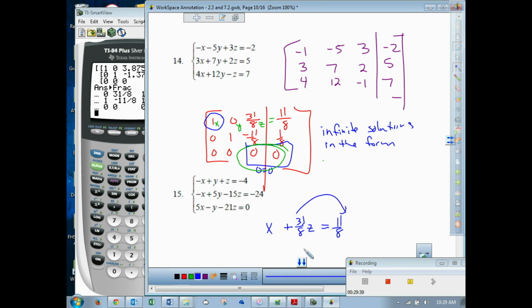He's got to come over. X equals negative 31/8 z plus 11/8. Or if you had those switched around, it doesn't matter, right? But this guy has to come over here. So that's what x is. In my ordered triple, you've got negative 31/8 z plus 11/8.